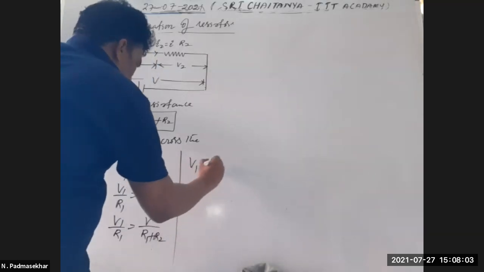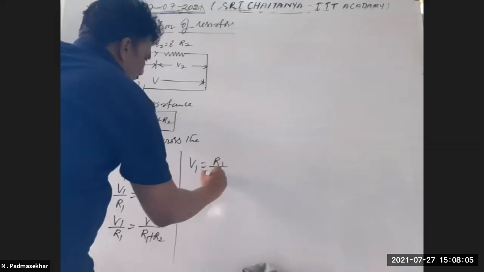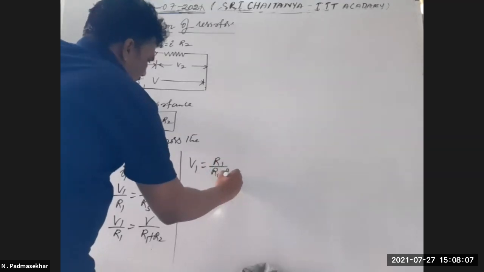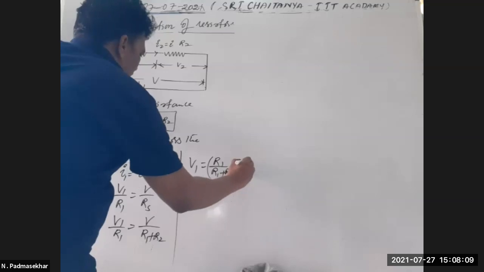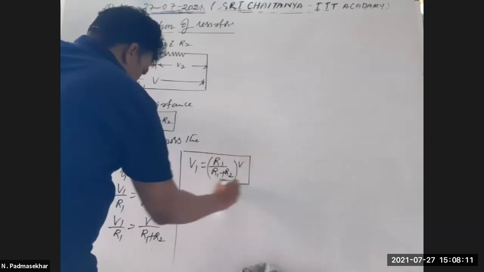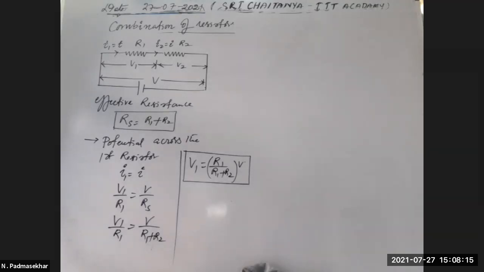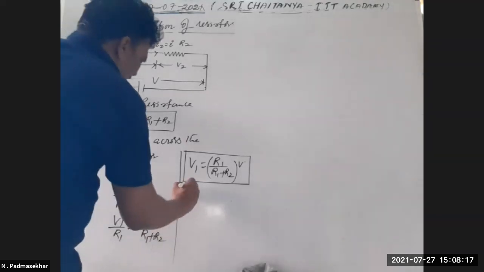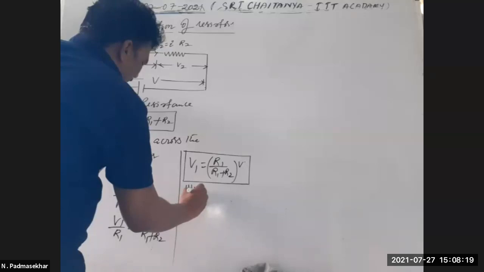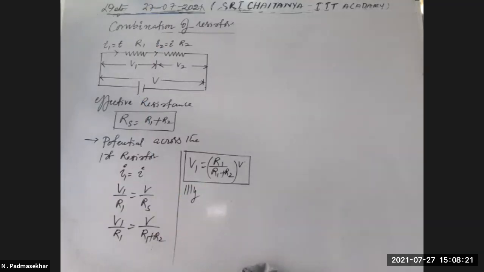V1 is equal to R1 by R1 plus R2 into V. This is the potential across the first resistor. సో ఇంకా నేను మళ్ళా డెరివేషన్ చేయాల్సిన అవసరం లేదు, మళ్ళా అలా ప్రతిదానికి చూపించాల్సిన అవసరం లేదు.